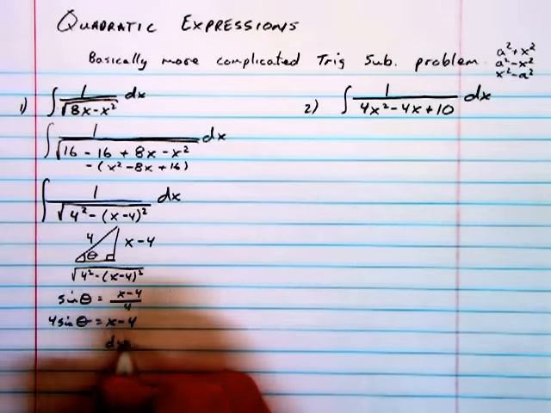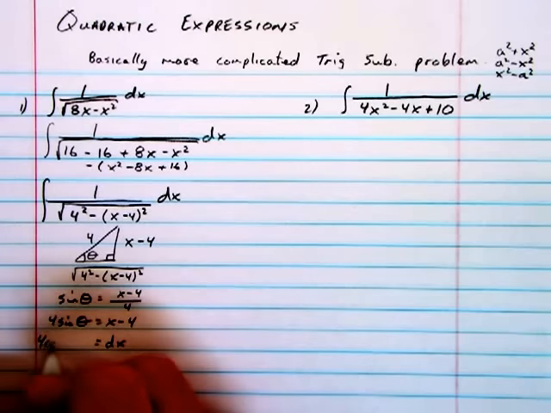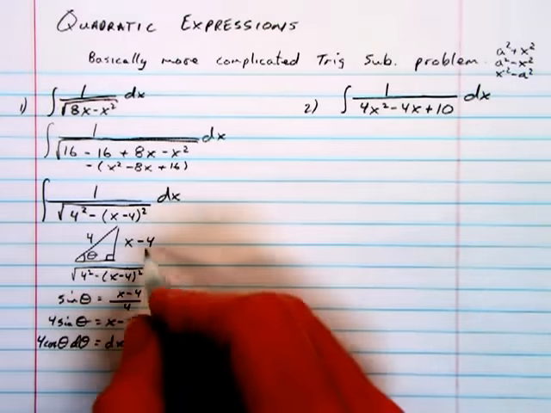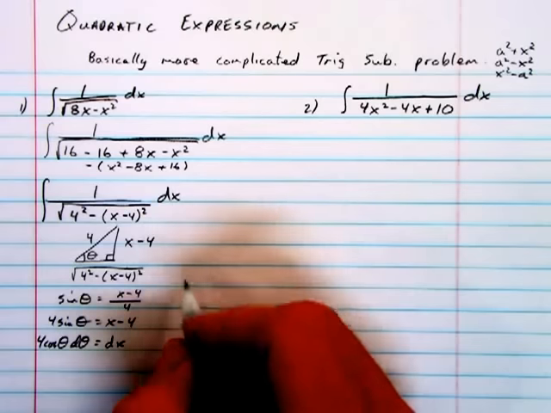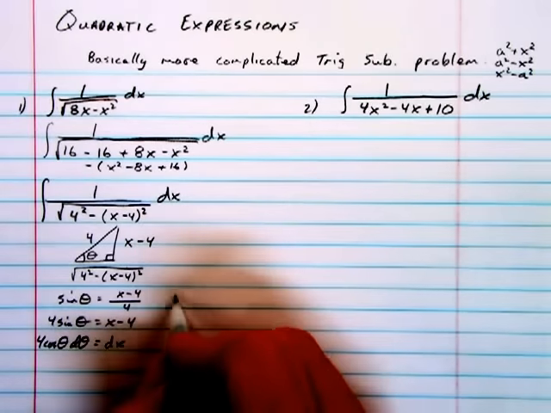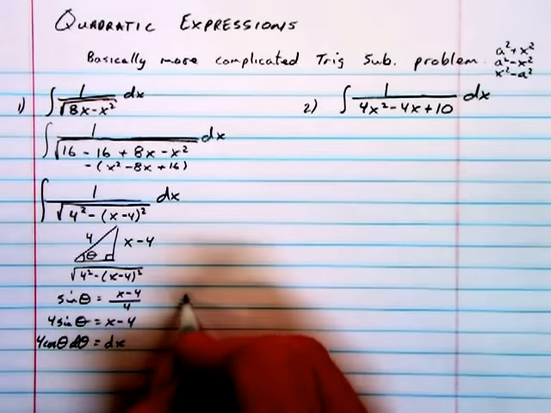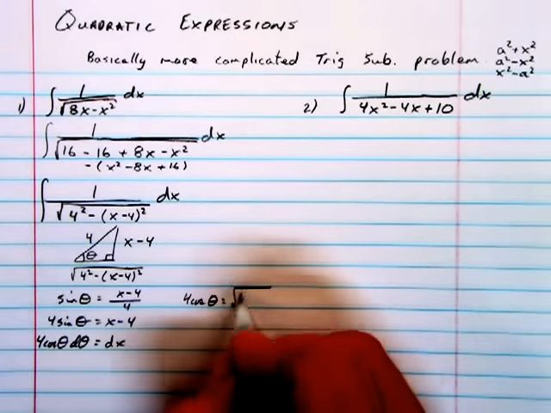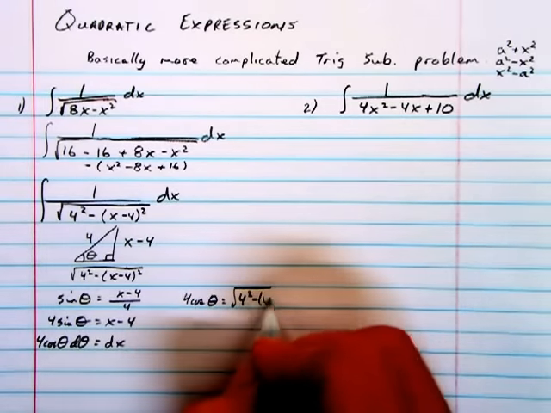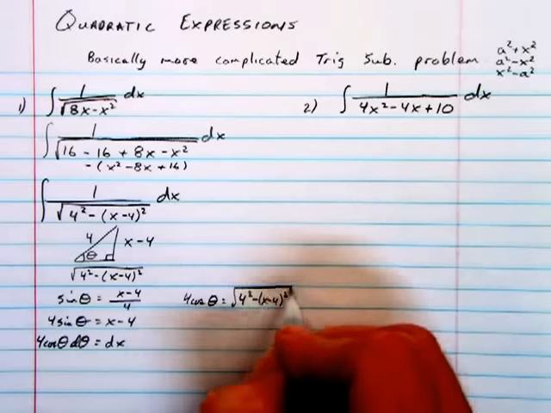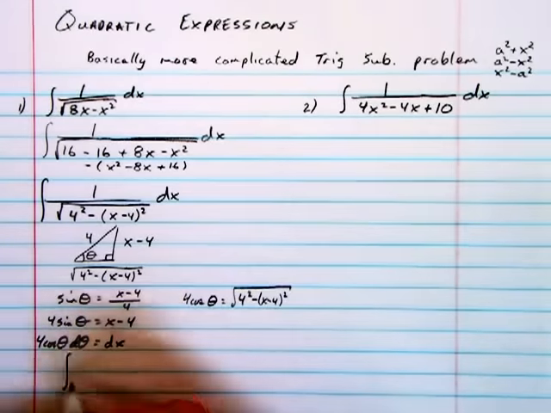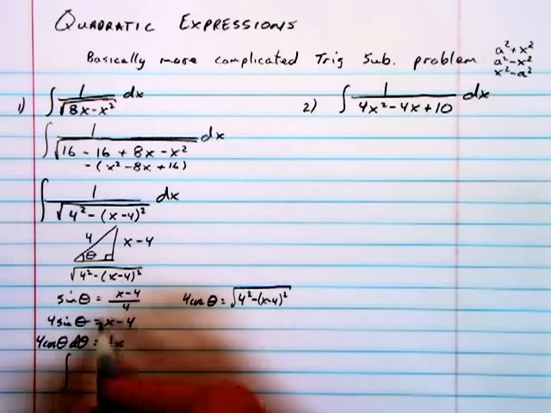If we find the differential, dx, we'll have 4 cosine theta d theta. We need the expression for the radical on the bottom, and that would be 4 cosine theta, which equals that radical, 4 squared minus that quantity x minus 4 quantity squared, and that's the same thing as we have right there. So when we do our substitution, we have 1, that's just a 1.